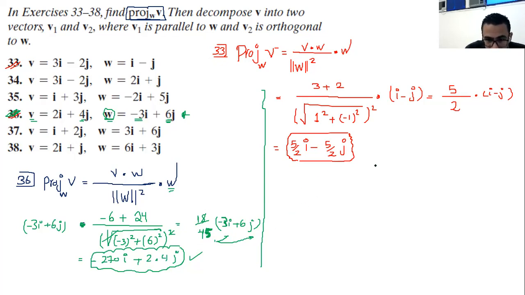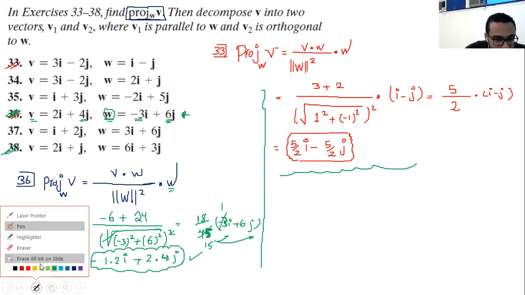How do we get negative 270? 18 times 3 divided by 45 is 1.2, negative 1.2. But we could have simplified, because it's 15 here.